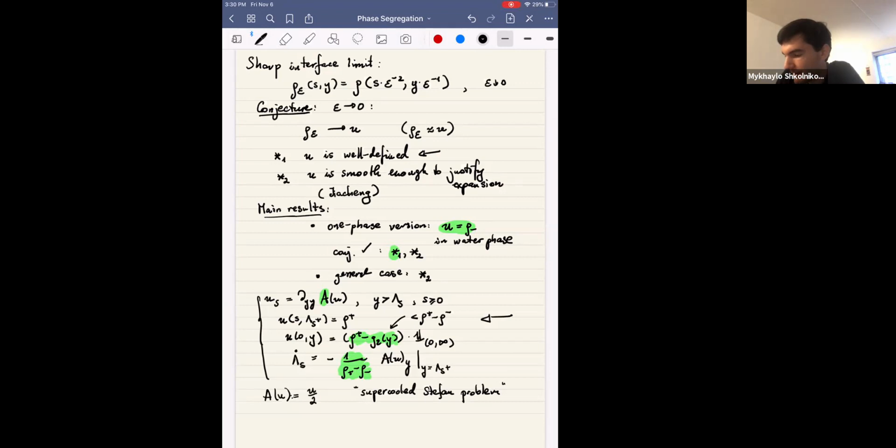So in the linear case, if you just put additive noise, it means essentially you're putting in a source into this problem. So it's kind of similar.